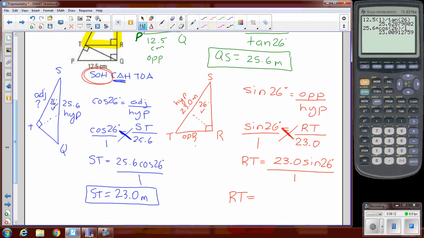Now when we calculate this out, 23.0 times the sine of 26 degrees, enter, and if we round to one decimal place, that gives me 10.1 meters.